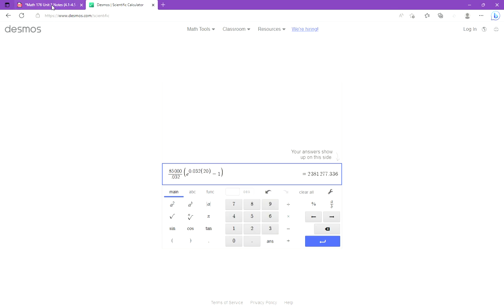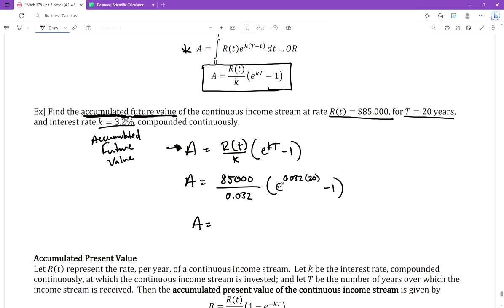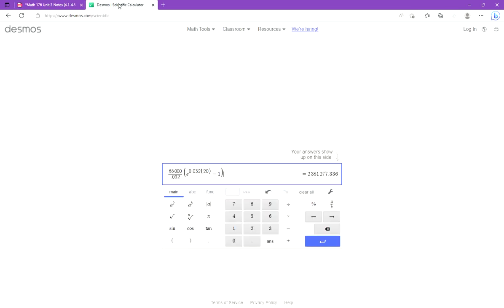I'm just going to double check that I typed in everything right. Make sure when you type it in, it matches. Be careful, sometimes you might do e to a number and then the 20 moves back down. Don't make that happen. Make sure the 20 is still up there just as it is here. Then we'll round it to the nearest cent.